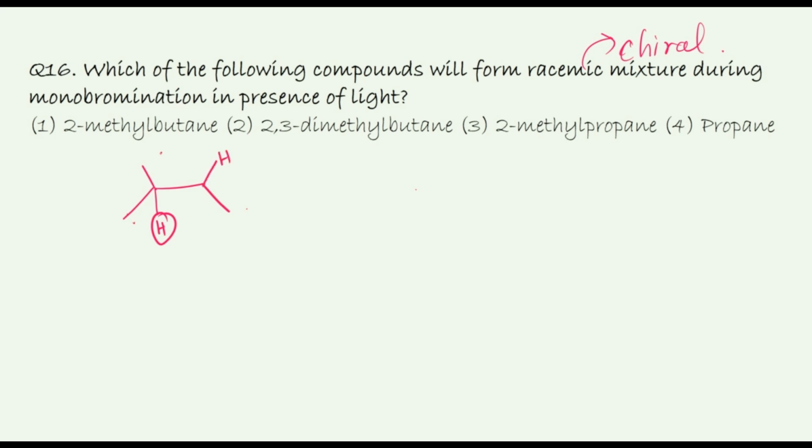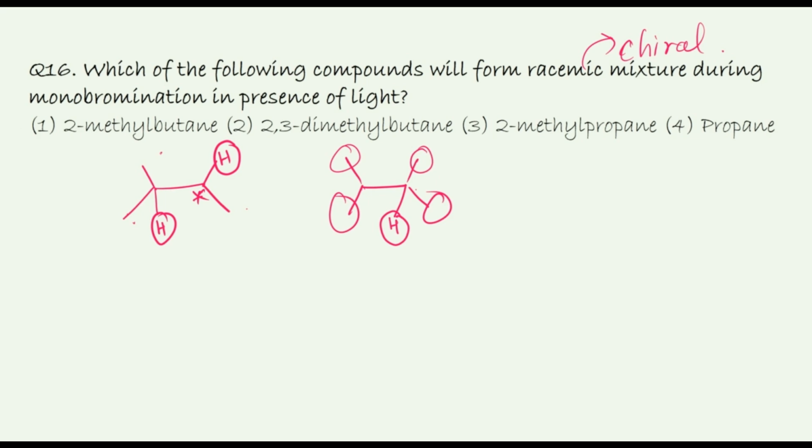So what if it is replacing one of those hydrogens here? So it can make a chiral center. And 2,3-dimethylbutane. In this case, if it is replacing this hydrogen, it won't make sense because 2 CH3 groups are already there on the same side. So this is not going to make any racemic mixture.